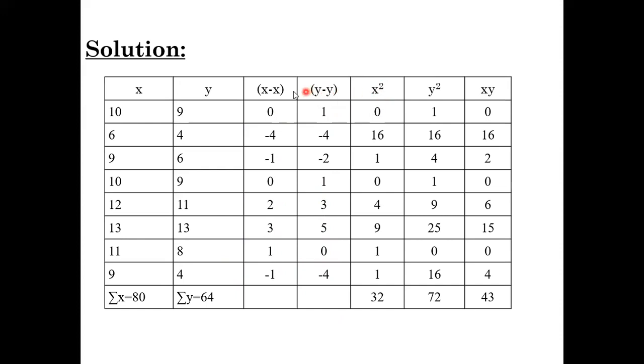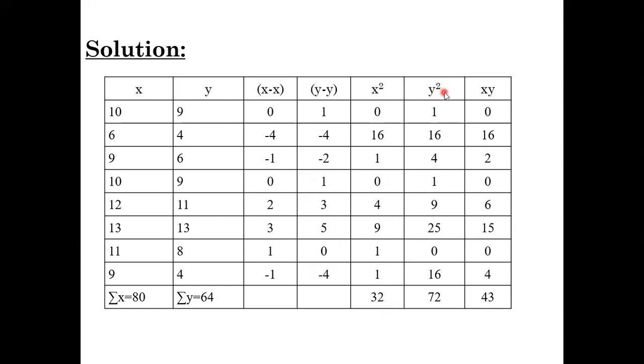X square is nothing but we change x to its square. 0 into 0, 4 into 4 is 16, 1 into 1, 0 into 0, 2 into 2 is 4, 3 into 3 is 9, 1 into 1 is 1, 1 into 1 is 1. So this is called x square. When we total all the x squares, the value we get is called sigma x square.